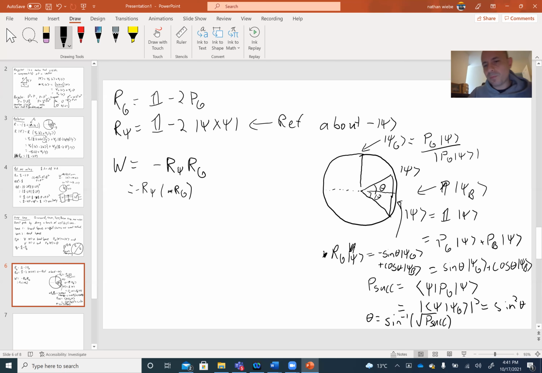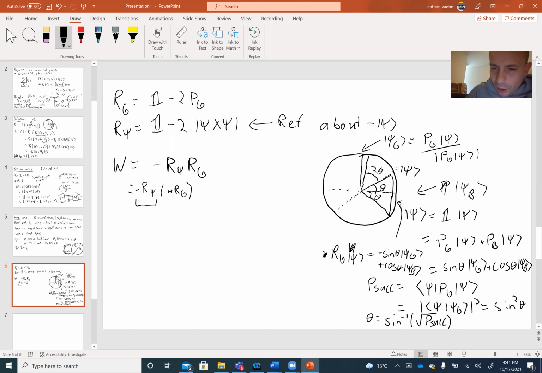but we haven't done anything to the x component. Now we're going to apply negative R psi, which we can view, because of the negative sign, as a reflection about the psi axis. So that is going to correspond to a reflection about here. So our state, now at an angle 2 theta below, as I reflect it back up, is going to be rotated up to an angle of 2 theta here.